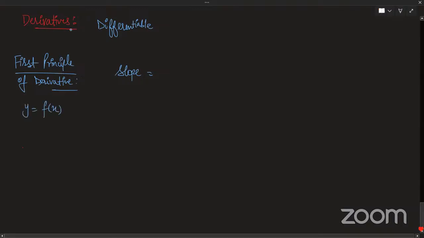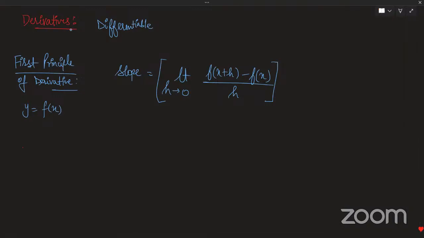At any point x, if the function is differentiable, it will be limit h tends to 0, f of x plus h minus f of x whole divided by h. This will be the slope. And this is what we call derivative. This process is called differentiation, right?